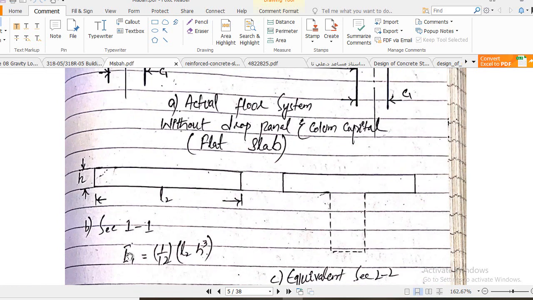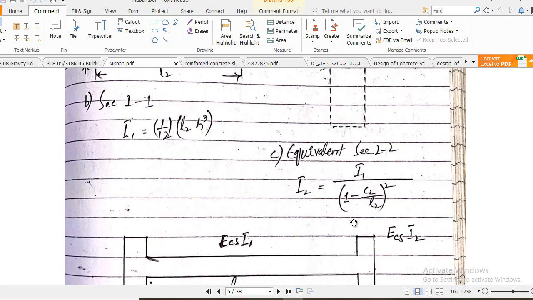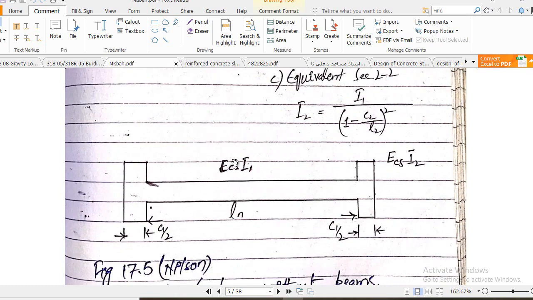In that case, moment of inertia will look like this. Okay, but if you have a T slab system, then your moment of inertia will be divided by this factor, C2 divided by L2. What are C2 and L2? They are in the transverse direction. And this is the equivalent slab beam system, clear, which basically shows the stiffness.